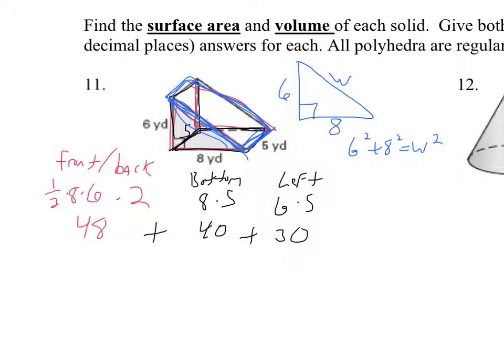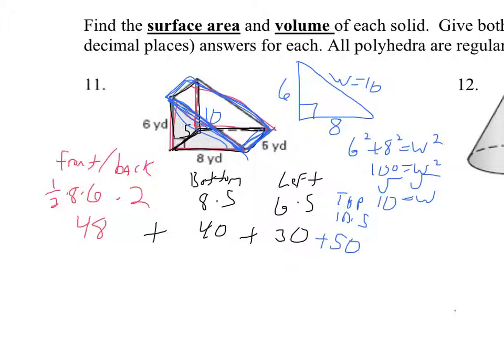Well, 6 squared plus 8 squared actually works out to 100. So very convenient. When you take the square root, it comes out evenly to 10. So that means this is 10. And so that rectangle is just 10 by 5. So the top is 10 by 5, which is 50.